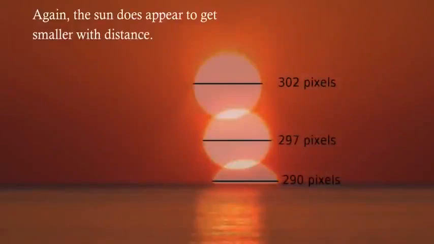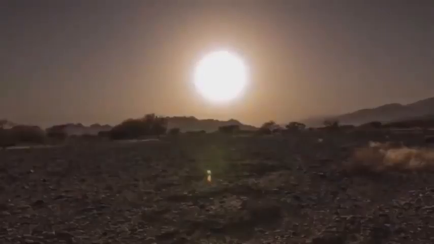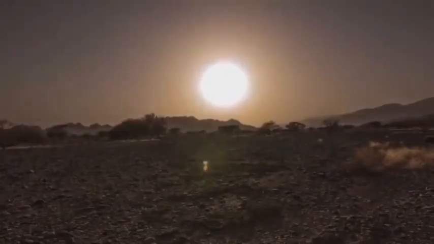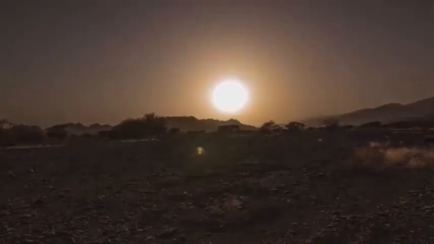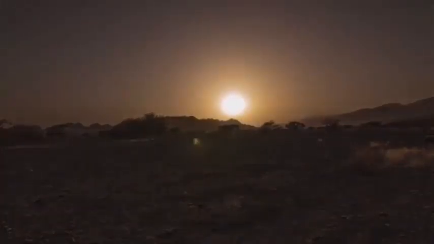In this case from 302 pixels to 290. And then of course there's this video right here, which apparently was shot in the desert where there's going to be a lot less moisture. And so whenever there's less moisture, you're going to obviously have less refraction and magnification. You don't get to pick the anomalies that seem to agree with your views and ignore the common observations that don't, and still call yourself an honest investigator.